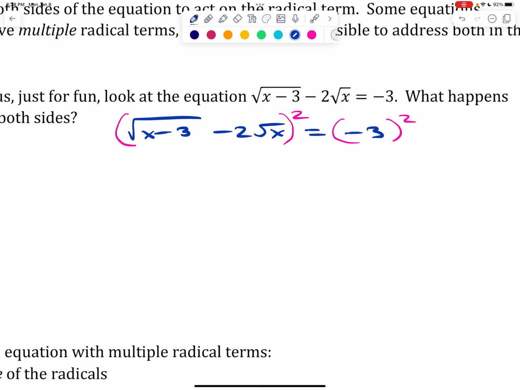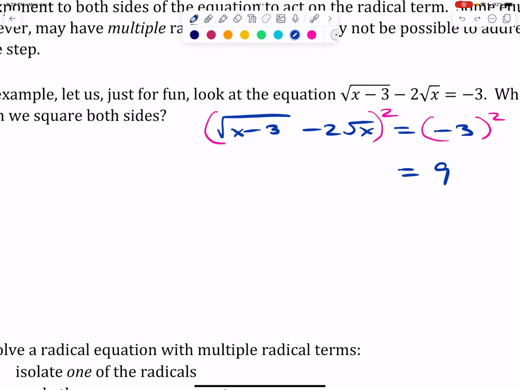Right side, straightforward enough. Negative 3, you square it, you get 9. On the left side, we're squaring a binomial. We've got two terms. Remember that to square a binomial, you will have the square of the first term, which would just be x minus 3.